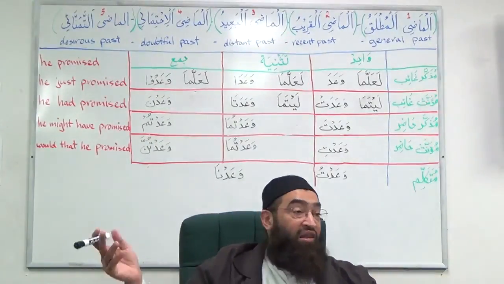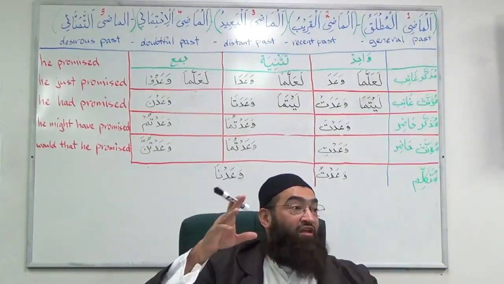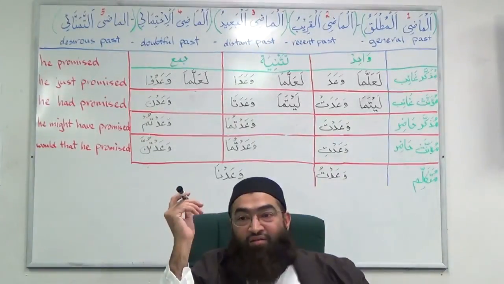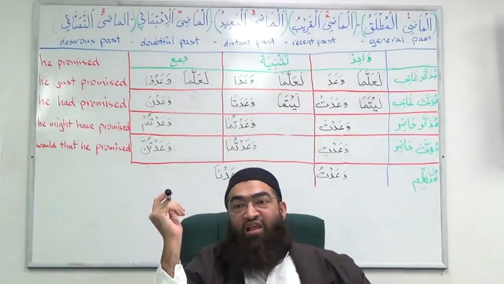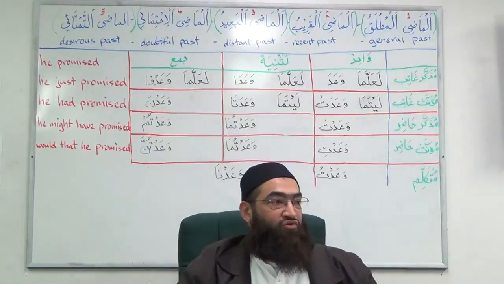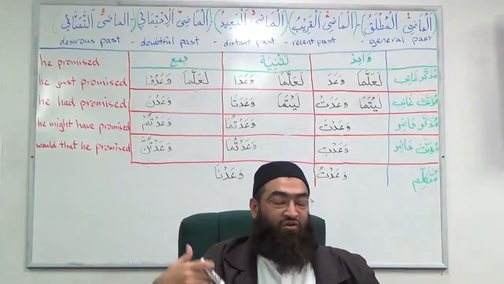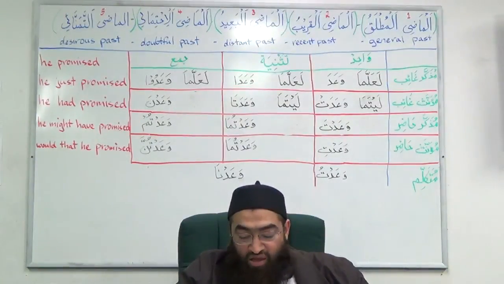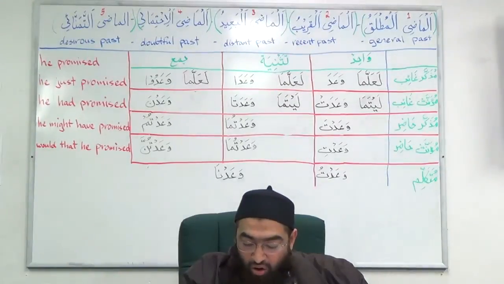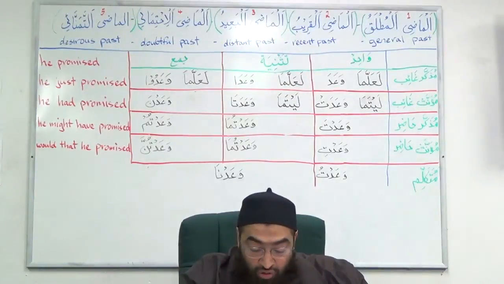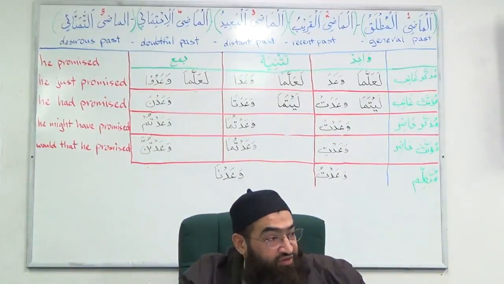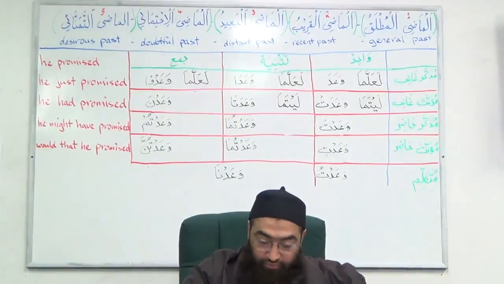You say, لَعَلَّمَا ذَهَبَ زَيْدٌ إِلَى الْمَسْجِدِ. إِلَى is a harf to say he went to the masjid, or till. إِلَى مَسْجِدٍ or إِلَى الْمَسْجِدِ. So لَعَلَّمَا ذَهَبَ زَيْدٌ. Perhaps he went to the masjid. Alright, easy way.